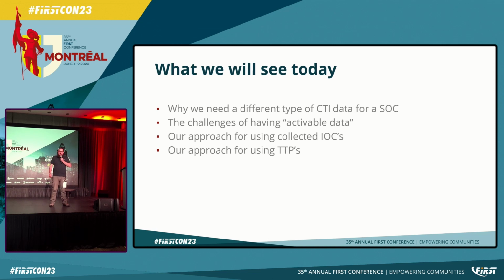We will see that we need different kinds of CTI for SOC, SIEM and SOC engineers, and what the limits are. Then I will go through all the problems and issues we have in obtaining actionable data, data that you may collect and put in a SIEM without tons of false positives. And I will show you what we do for TTPs and IOCs.